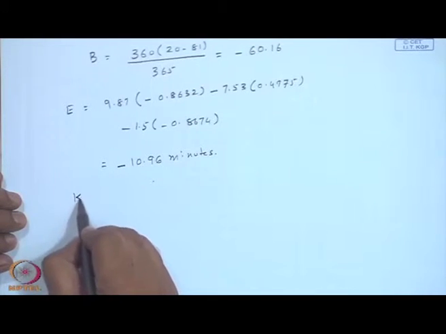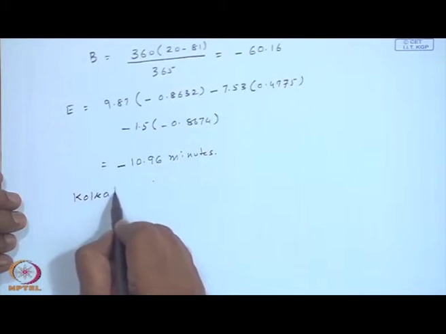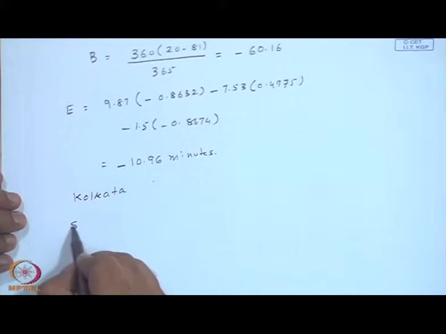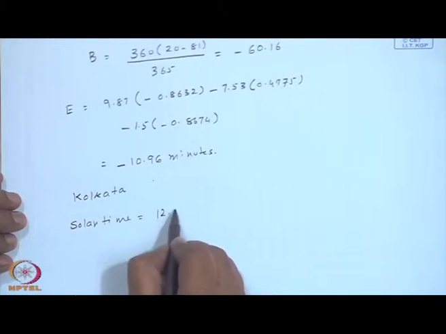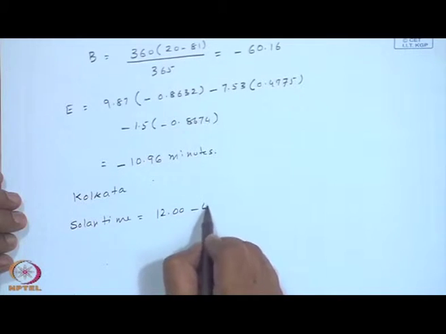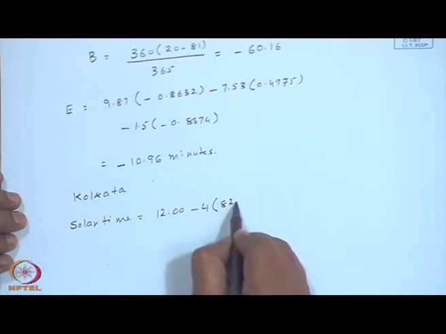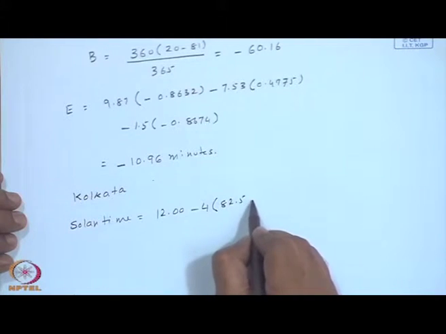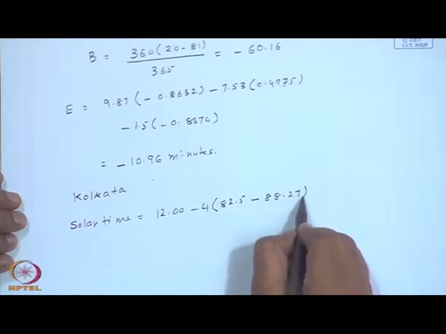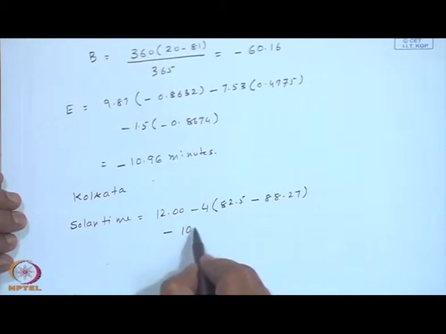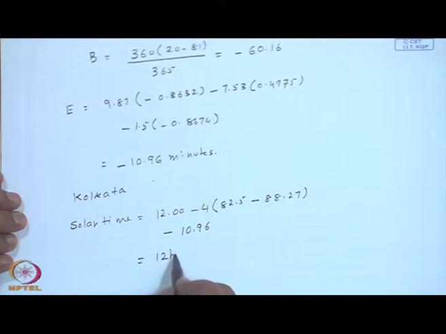Now, we will go to Kolkata, and solar time is 12.00 minus 4 times 82.5, the standard longitude, minus the longitude of Calcutta 88.27, minus the equation of time, which is minus 10.96, and this comes to 12 hours 12 minutes.